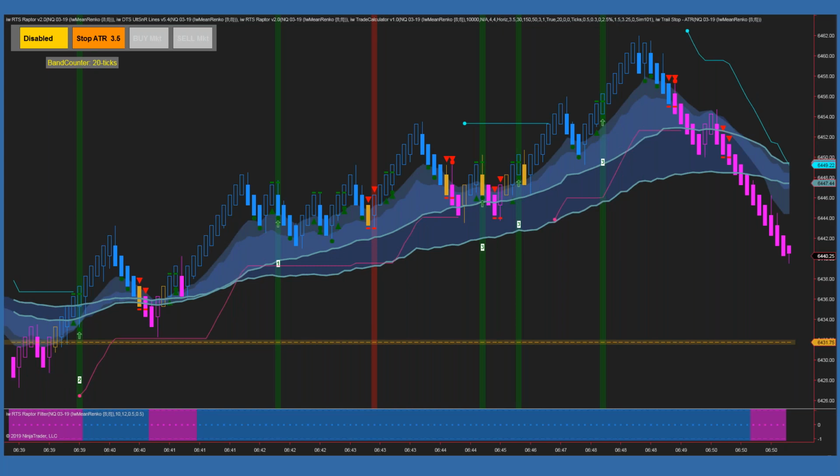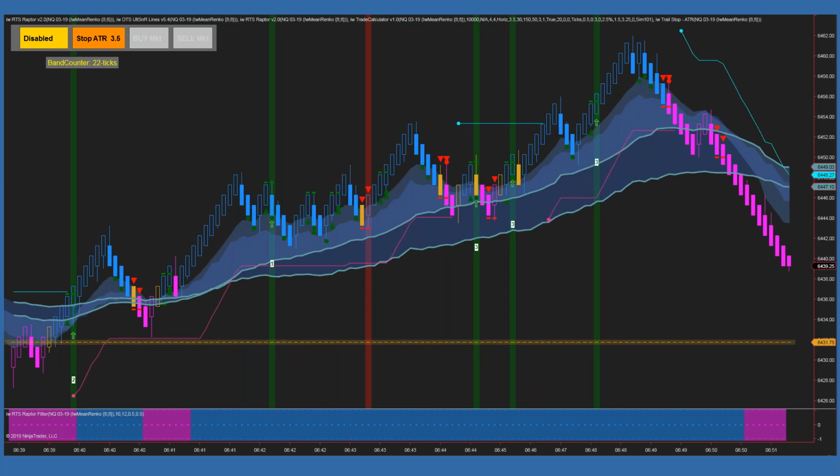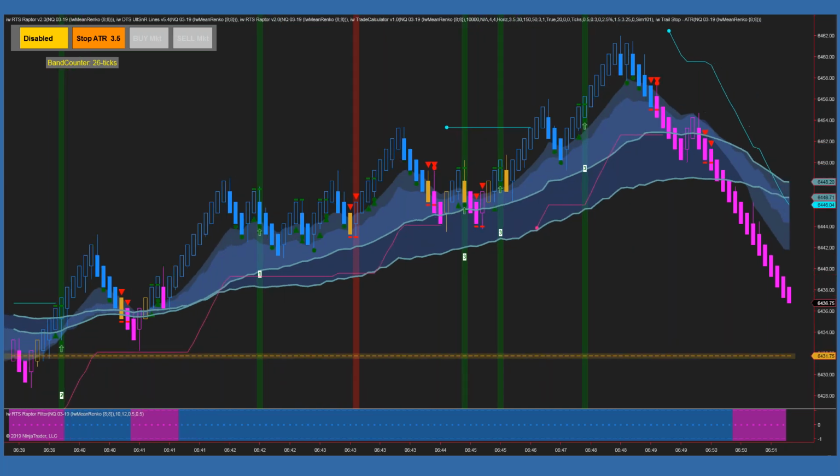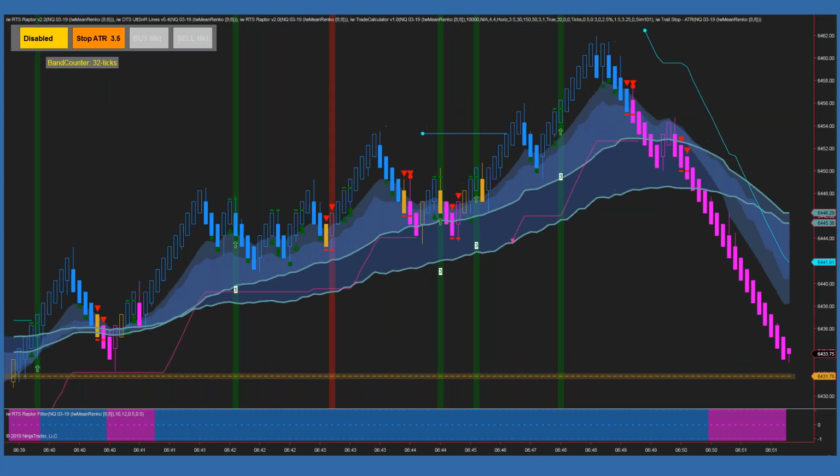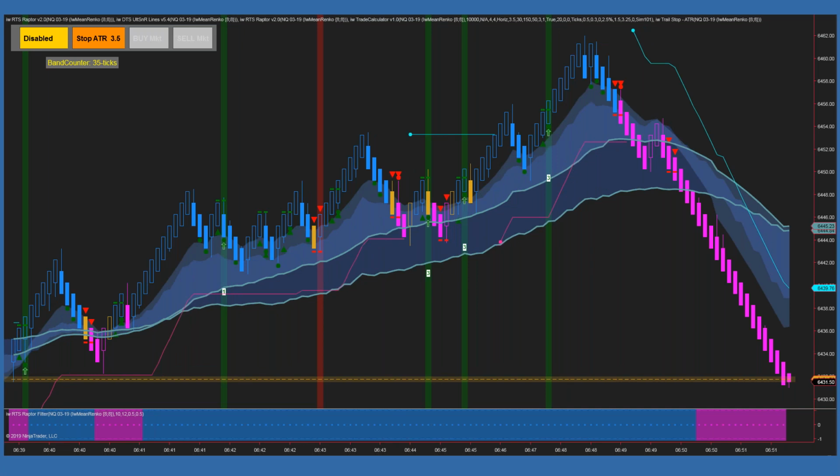If you're looking to run two computers simultaneously with DTS and Raptor, then you need to purchase a second license for the second computer. Now, second licenses for existing owners are at a 50% discount.